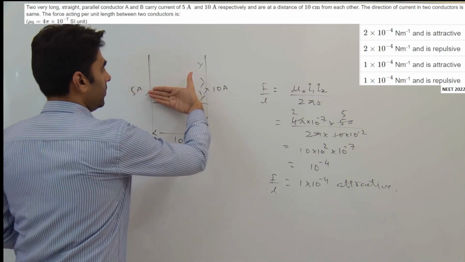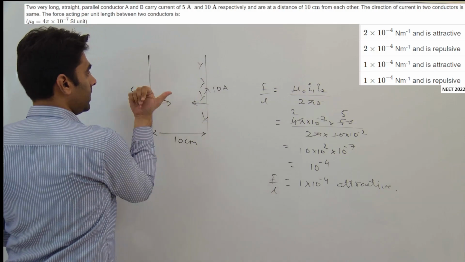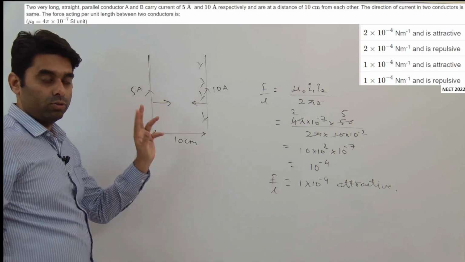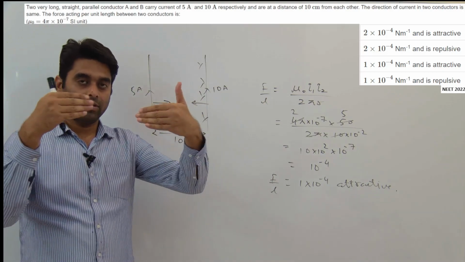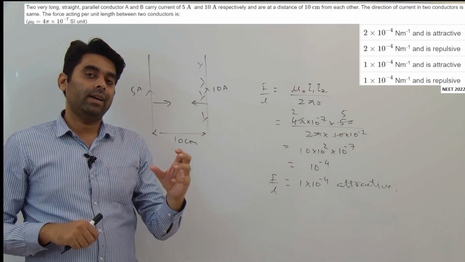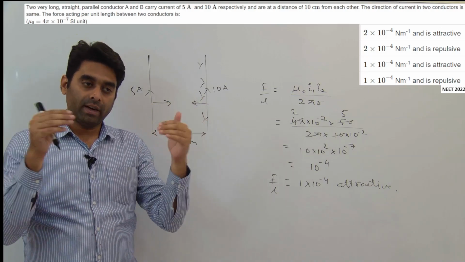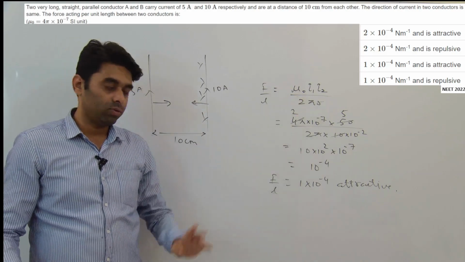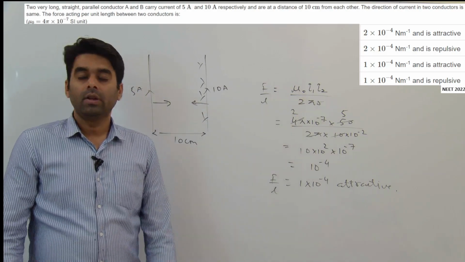This wire is producing a magnetic field in the outward direction and the force on this will be towards the wire. So the force on both of them is towards each other, right? If the current flowing is in the same direction, they will attract. If the current is in opposite directions, they will repel. So our answer we already got: it is option C, right?